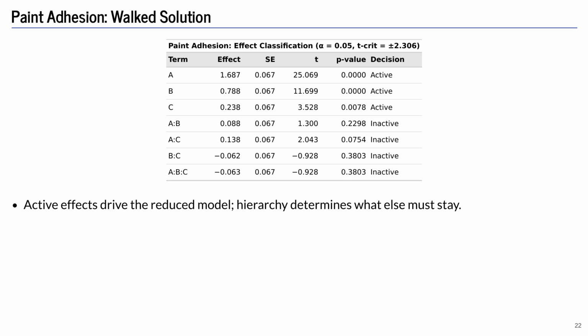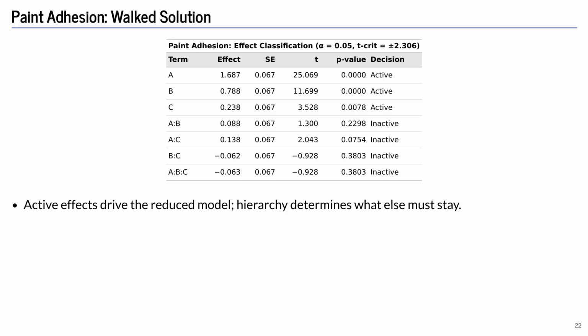BC, effect of -0.062, t-statistic of -0.928, p-value of 0.380. Inactive. The three-factor interaction, effect of -0.063, t-statistic of -0.928, p-value of 0.380.